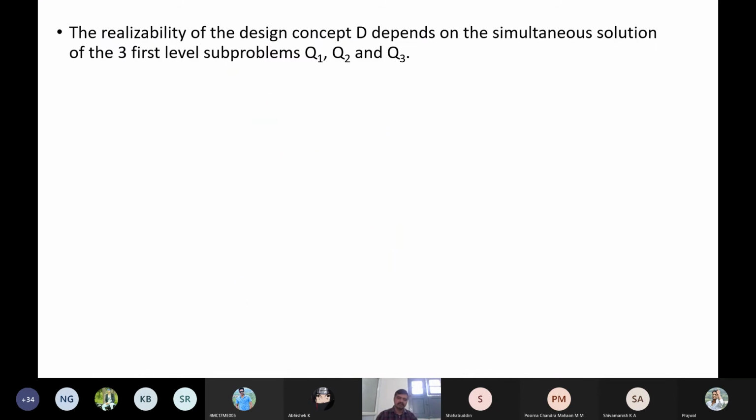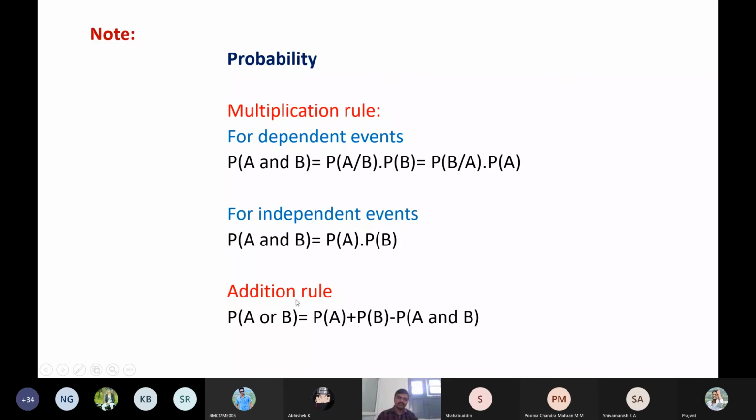Now we are going to discuss by considering the same design tree. The realizability of design concept D depends on the simultaneous solution of the first level subproblems. That means you have to solve Q1, Q2 and Q3 to get a workable solution for the design concept. You have to solve all the three. So which rule should be applied, multiplication rule or addition rule?